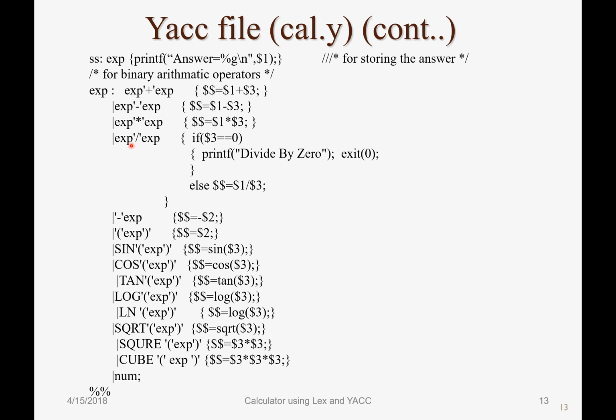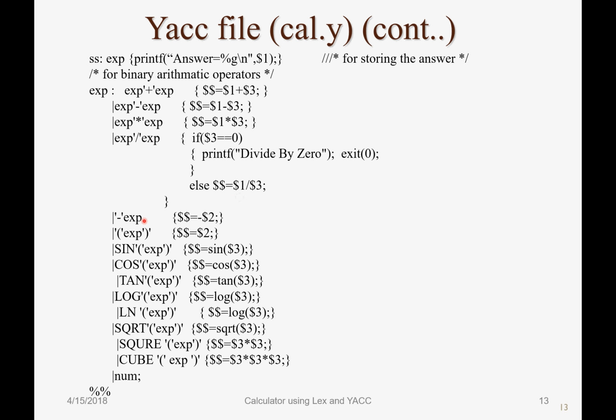For divide operation, here we are checking the condition. If this is equal to 0, then it will give the divide by 0 error and exit. If it is not 0, means this exp is not 0, then we will write $$ = $1 / $3.